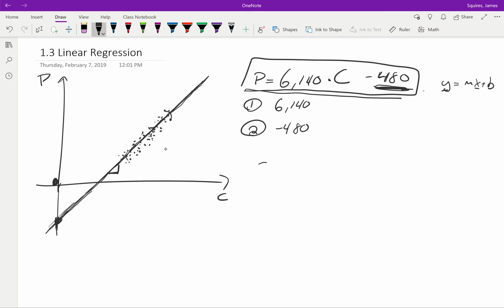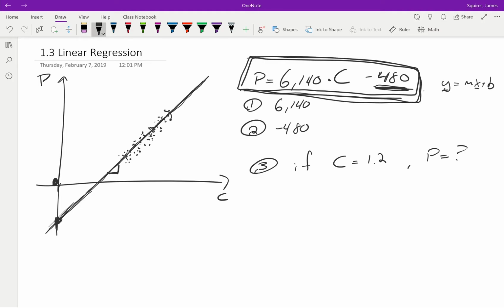Alright, so let's look at some more questions that we might be interested in. If the carat size of a new diamond that's not part of our data set is 1.2, we might be interested in what the price of this new diamond is. Based on the relationship we know between the price and the carat size, we might be able to make a guess at the price, given that the carat size is 1.2.